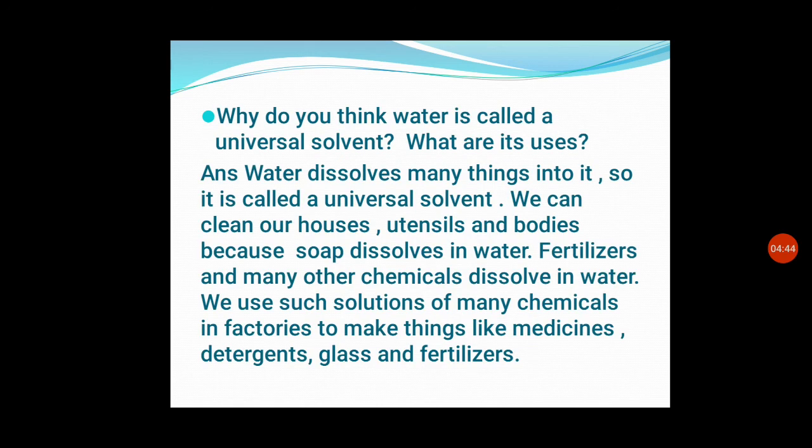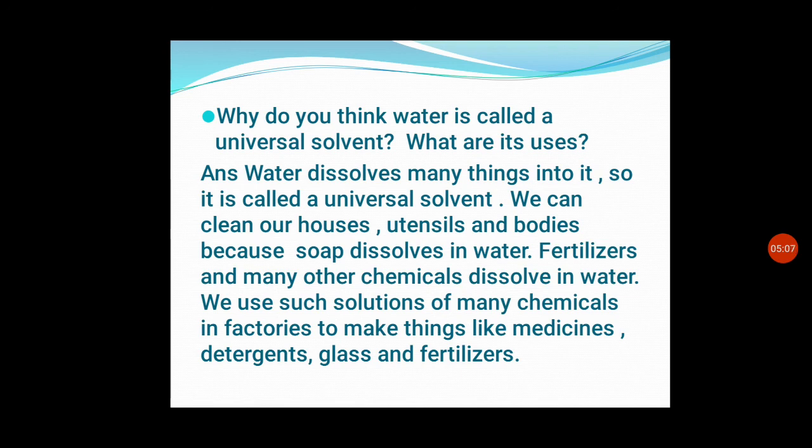Why do you think water is called a universal solvent? What are its uses? Universal solvent means everything gets dissolved in it, I mean to say most of the things. Water dissolves many things into it, so it is called a universal solvent.